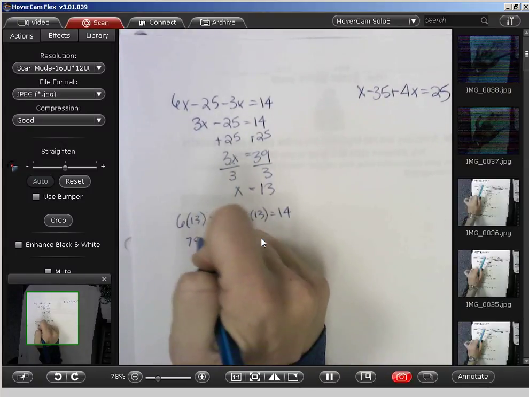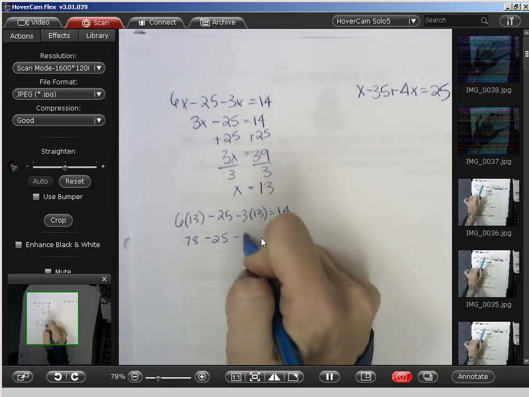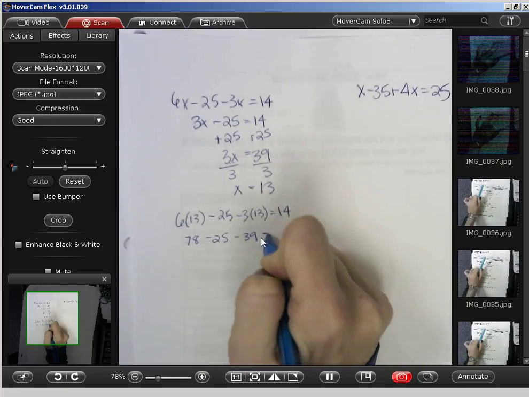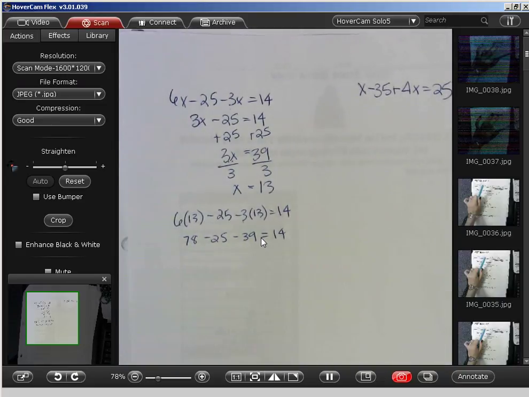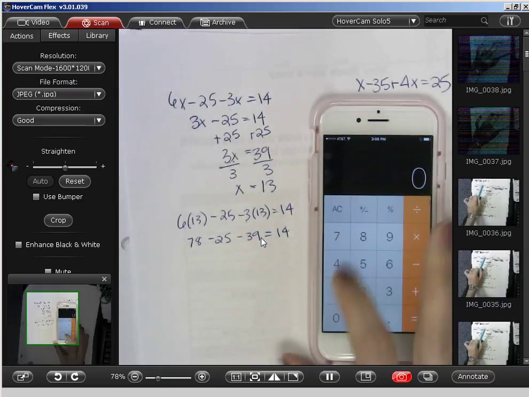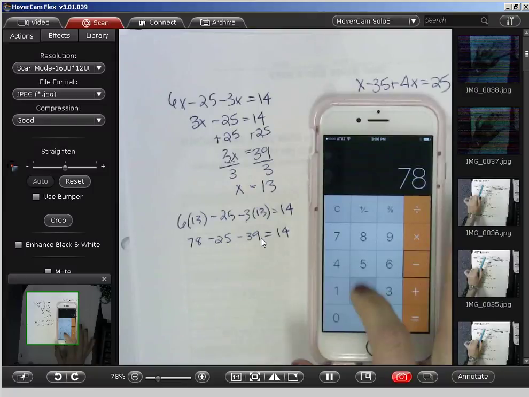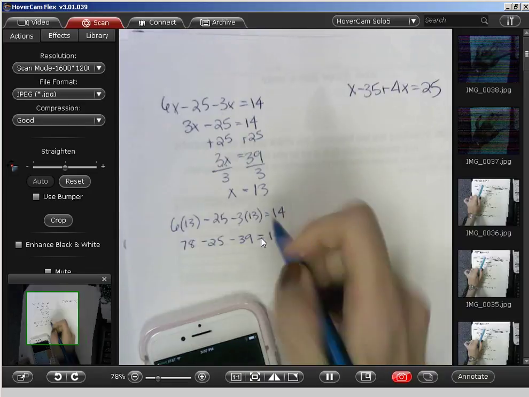So 78 minus 25 minus 3 times 13 is 39. So let's check that. At this point, I can either do that math by hand or I can use my calculator, which I'm going to do right now. 78 minus 25 minus 39 equals 14. Looks like I got it.